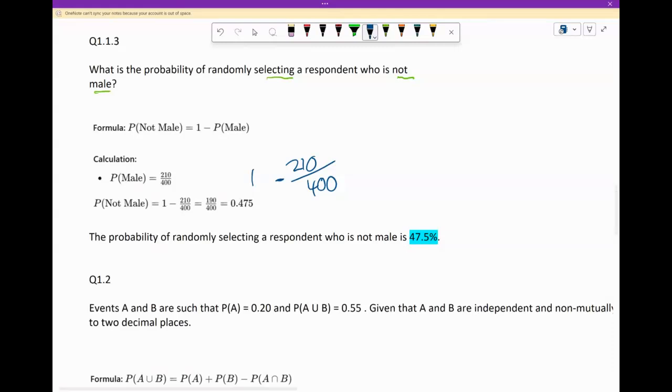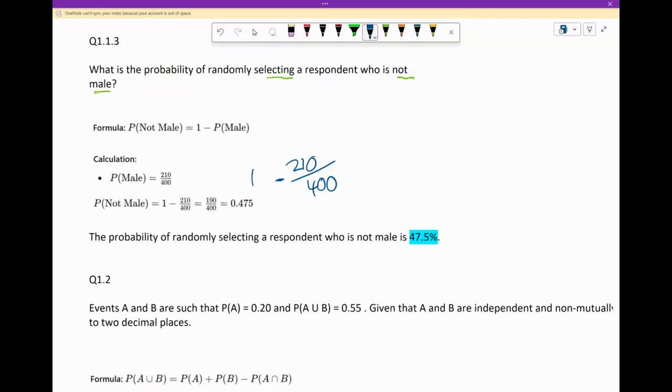Not male. Yes, not male. Why are we taking that? Because remember we are looking at what is the probability of not male. In other words, we want outcomes other than a respondent who is male. We want all the other outcomes.